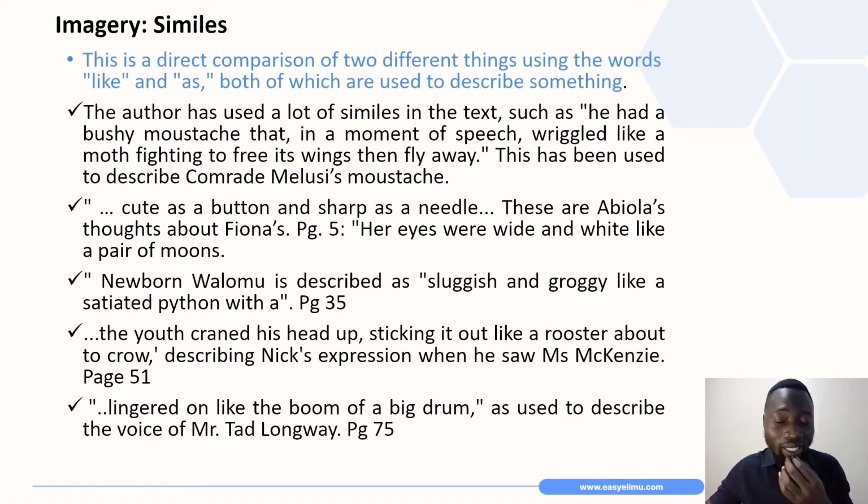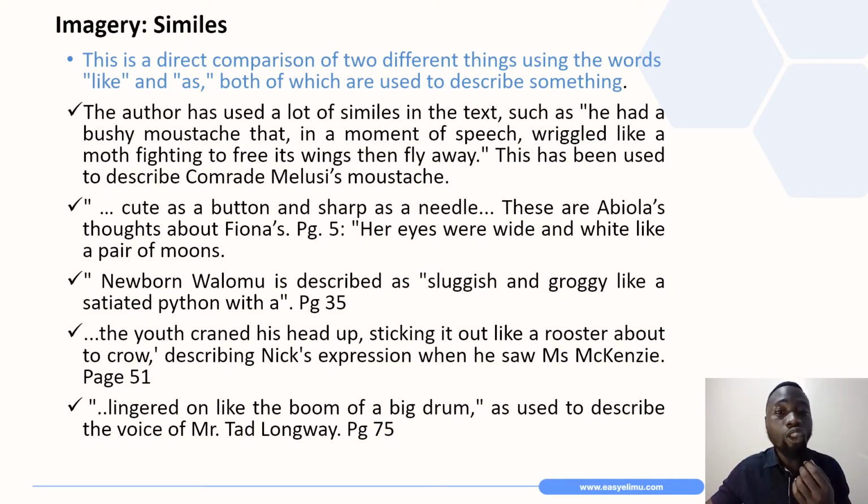An author uses imagery to help readers visualize whatever is being described or talked about, or the ideas that are being expressed. So the first style under imagery is simile.